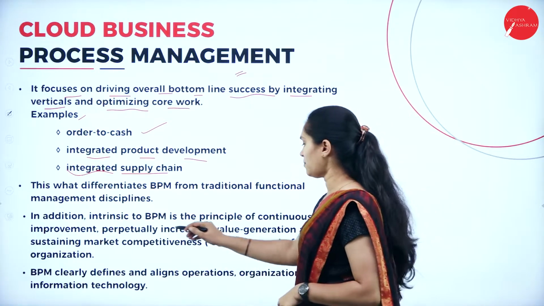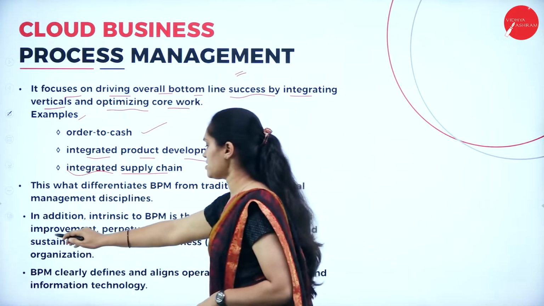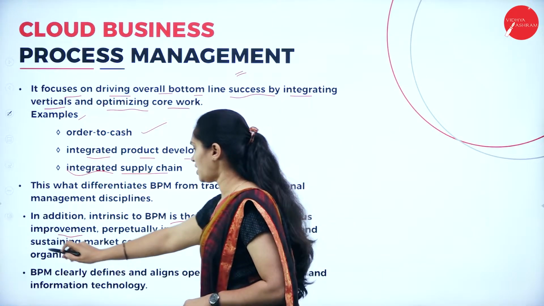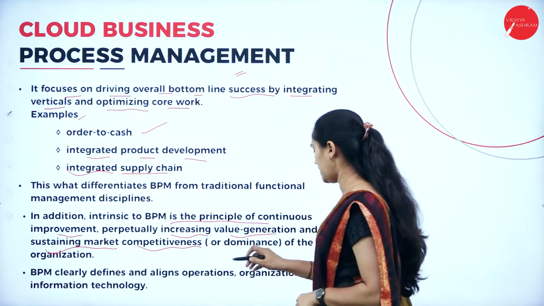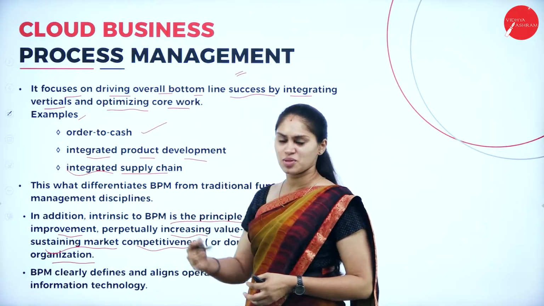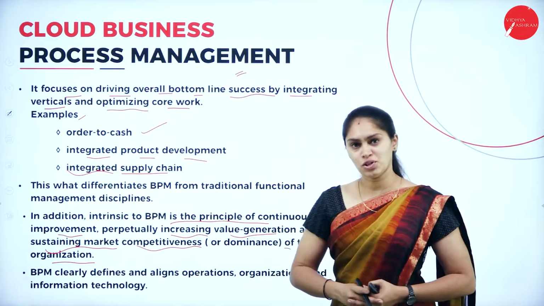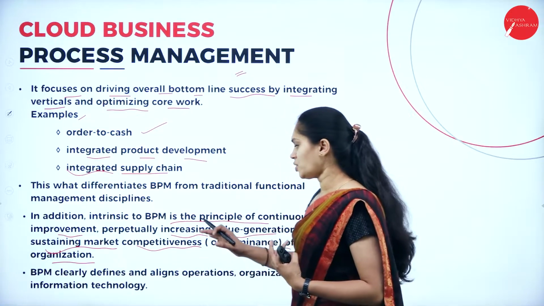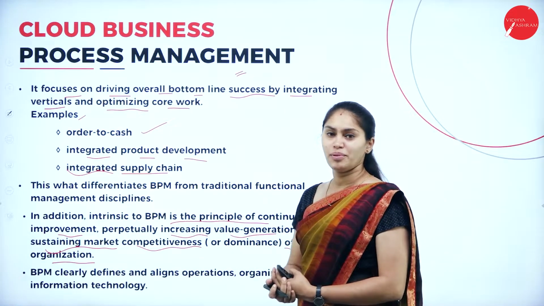Also, this BPM follows the principle of continuous improvement, and it will increase the value generation and sustain the market competitiveness of the organization. Mainly this BPM, business process management, will help the organization in all perspectives. So, it will help the organization to be good in the market.